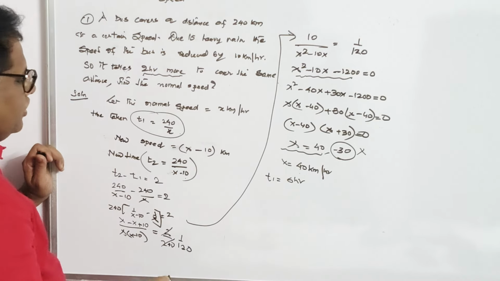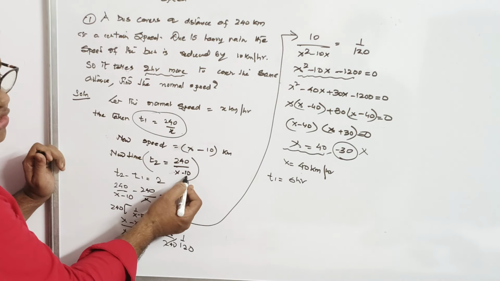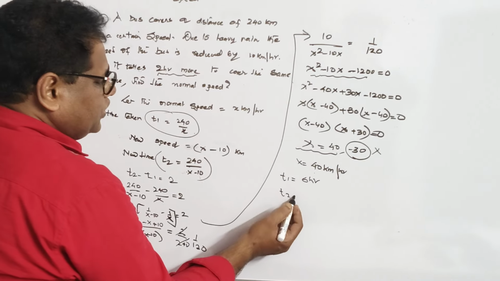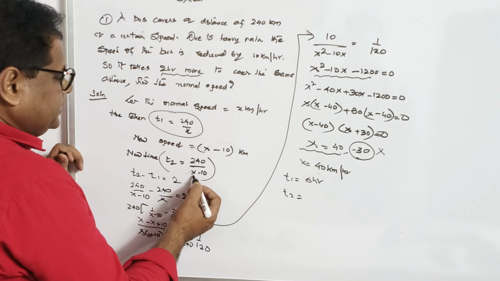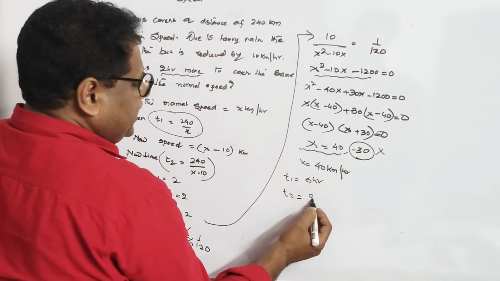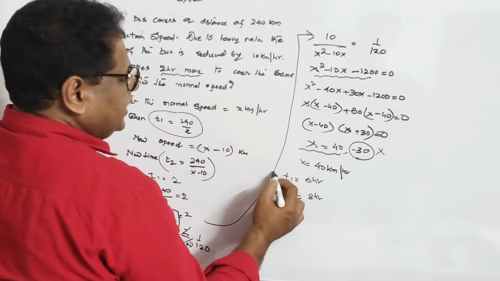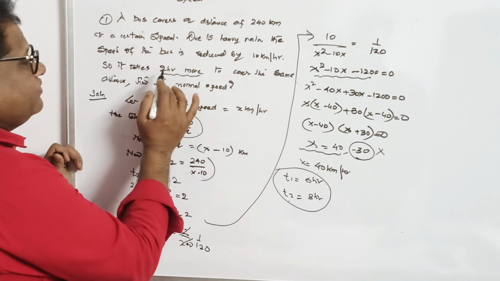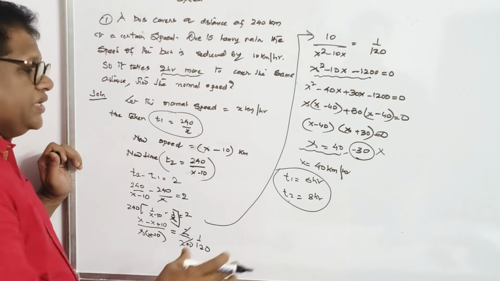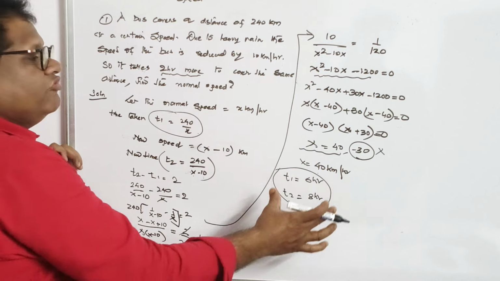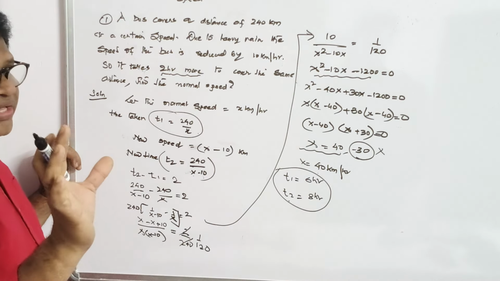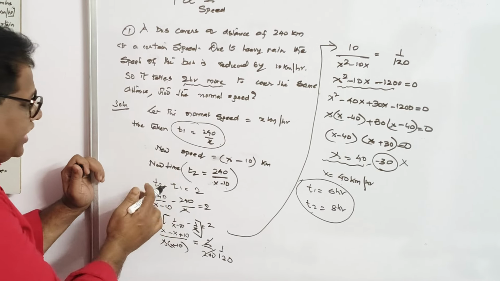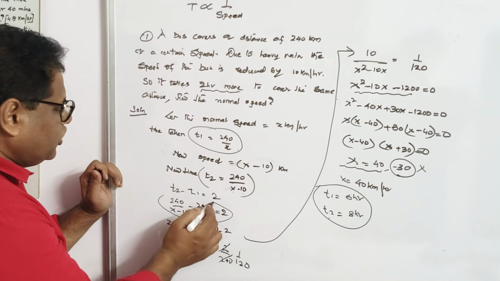When the speed is reduced by 10 km per hour, the time t2 comes 240 by 30, that is 8 hours. So the answer is absolutely correct. The time difference is 2 hours as given in the question. So you can check at the end whether the solution is correct or not. One thing to be mentioned very clearly: the way you frame this equation is more important.